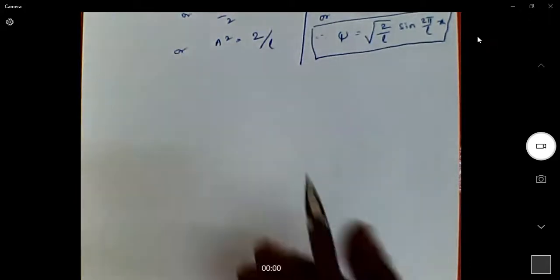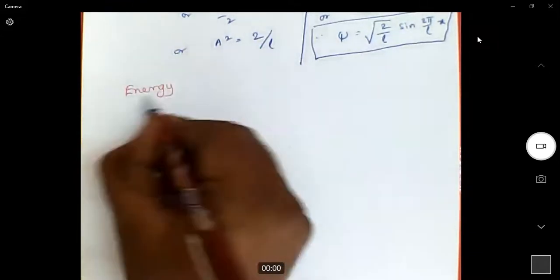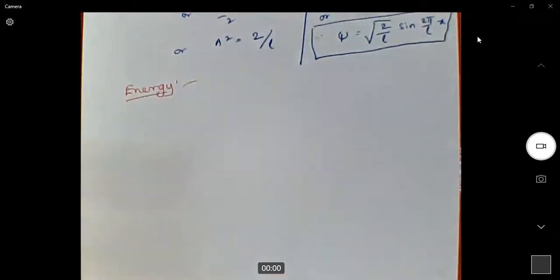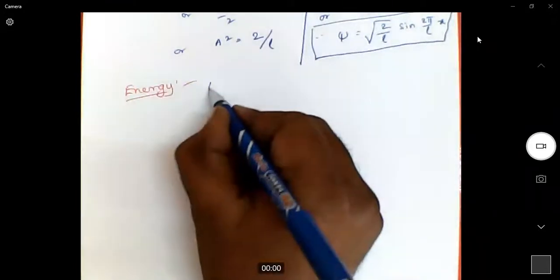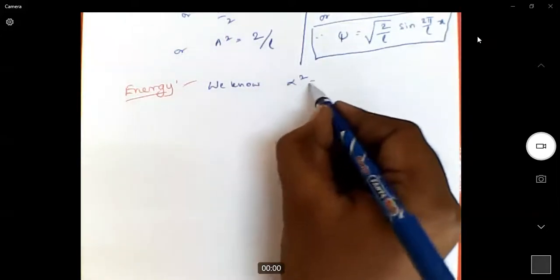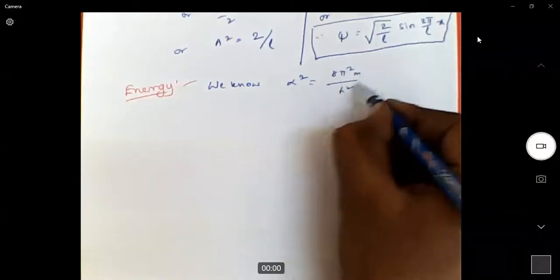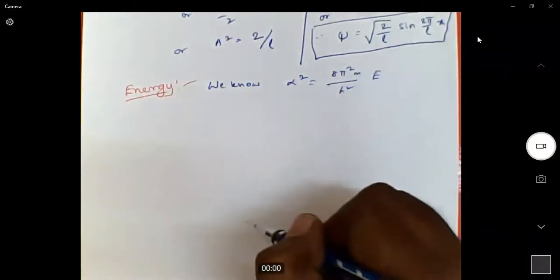Now we will derive an expression for energy. How do we derive an expression for energy? Do you remember we have taken alpha square as 8 pi square m by h square into E. What is E?